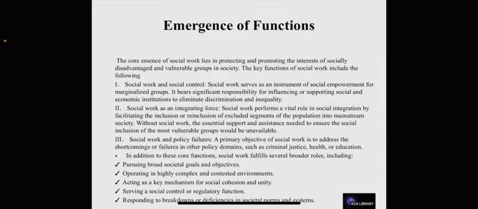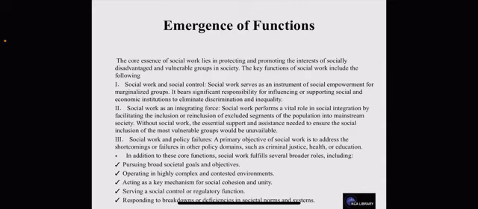Number three is social work and policy failures. A primary objective of social work is to address the shortcomings or failures in other policy domains, such as criminal justice, health, or education.